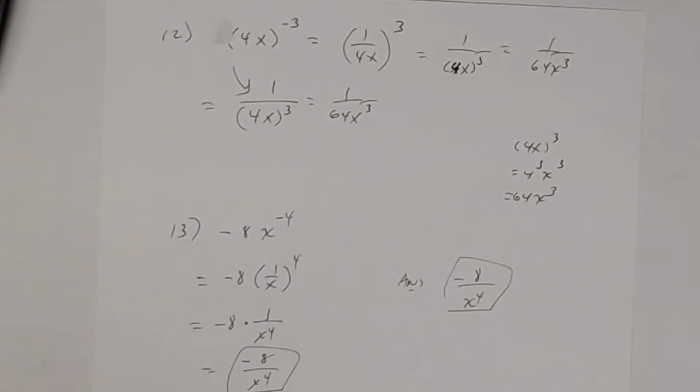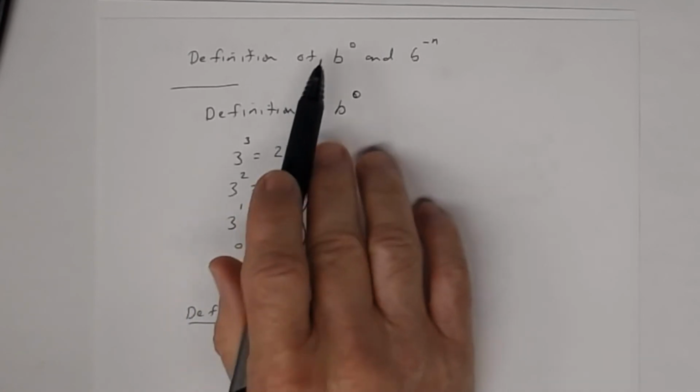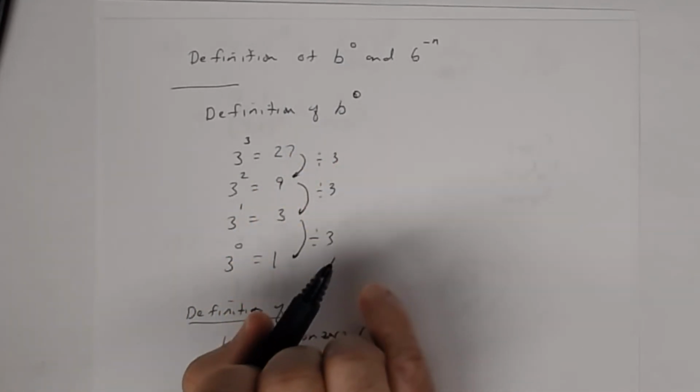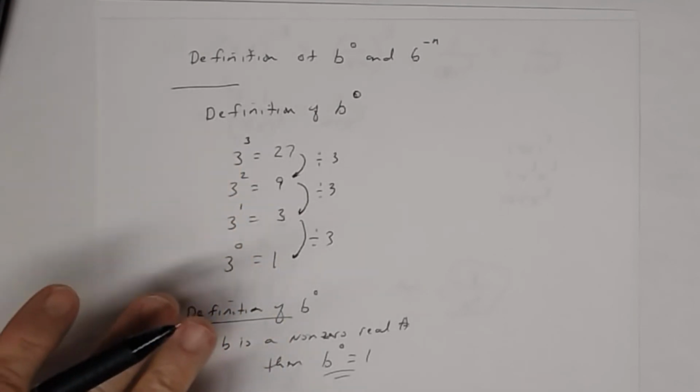Okay, so I think that we are good with those two definitions. So what we did in this lesson was we looked at the definition of b to the 0 and then b to the -n. And then we just saw some examples. We understood that definition by looking at the patterns.